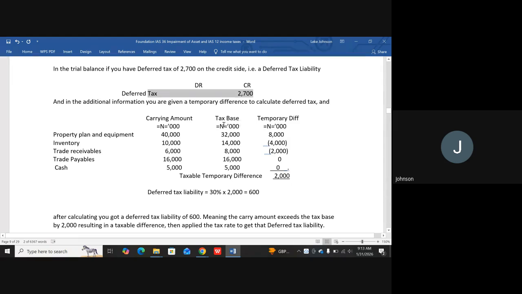To get your tax base, you take the cost of the asset minus capital allowance. So we don't need to go into details of how we got our tax base, because it's going to be the cost of the asset minus the capital allowance, while the carrying amount is going to be the cost of the asset minus accumulated depreciation minus accumulated impairment losses.